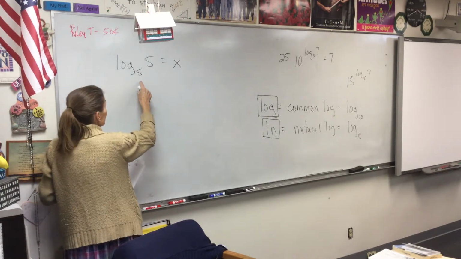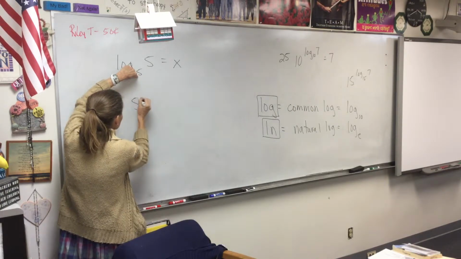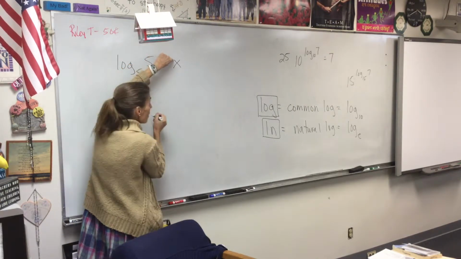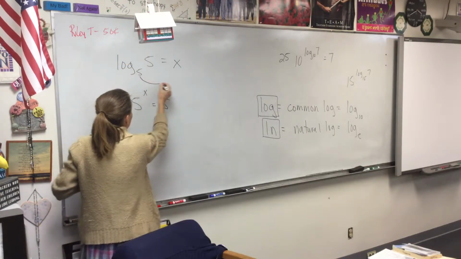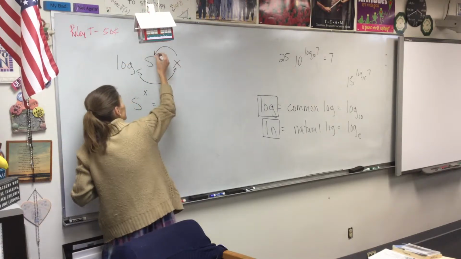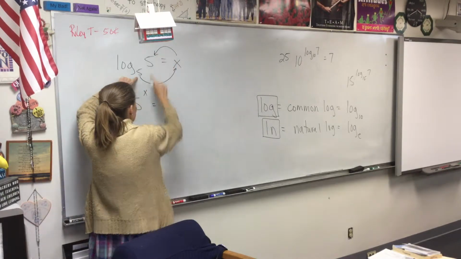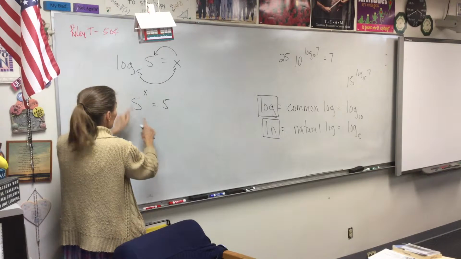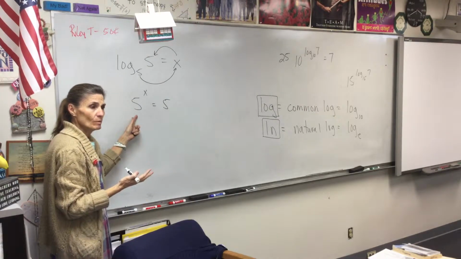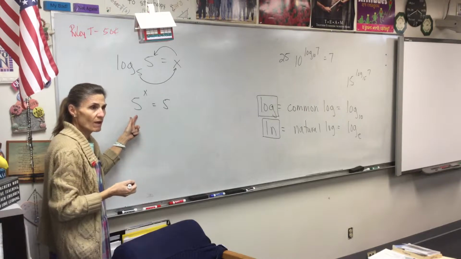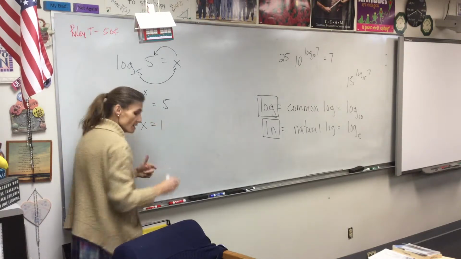So it becomes 5 to the x power equals 5. Well, when you look at it like that, what's x equal? 5 to what power is 5? 1. So that's done. That's easy.